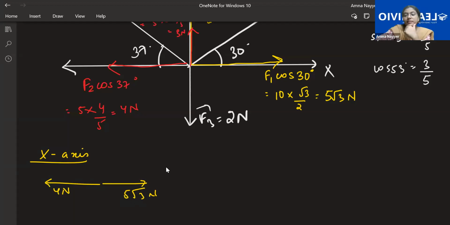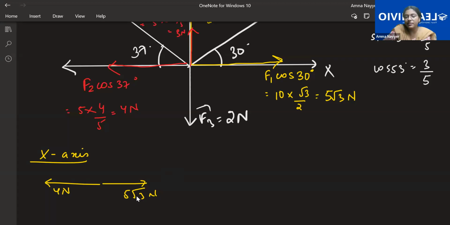You have studied vectors in detail in parallelogram, right? When two vectors are in opposite direction, the angle is 180 degree. Remember the special case, R is equal to A minus B. We subtract. We did three cases: A minus B, A plus B, and when it was perpendicular, under root A square plus B square. 5 root 3 will be greater than 4 Newton anyways.